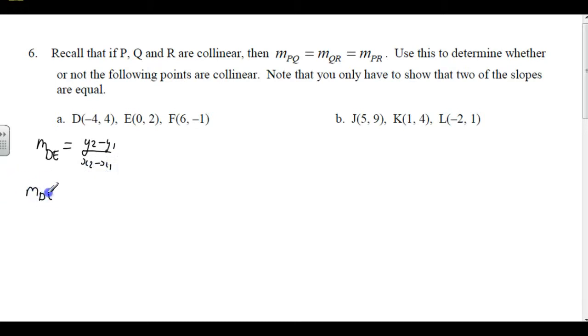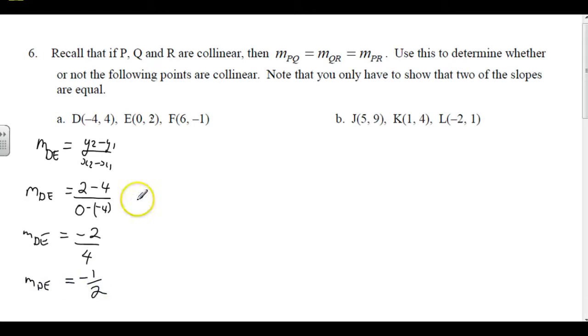The slope of DE is equal to 2 minus 4 over 0 minus negative 4, so that's negative 2 over positive 4. So that's negative 1/2. Now, if one of these other two slopes, DF or EF, is negative 1/2, then they are collinear.